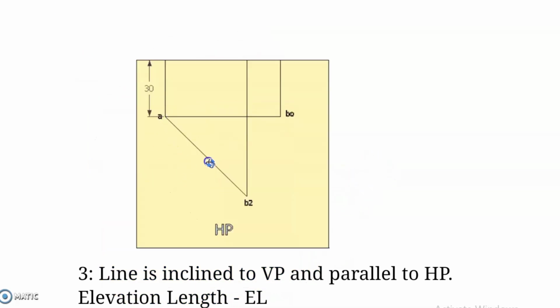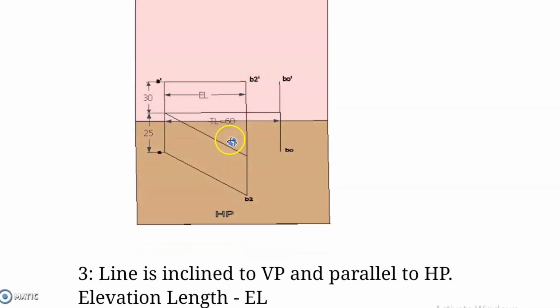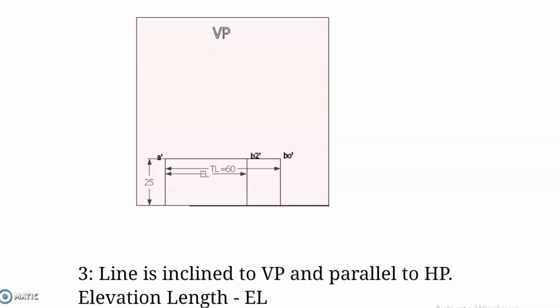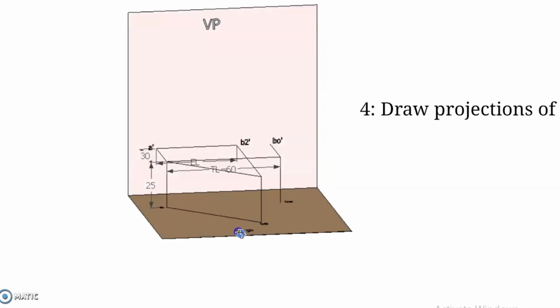The top view shows its true length ab2 of 60 millimeter. Then its projections are projected on the vertical plane, and we get its front view labeled a dash b2 dash. This a dash b2 dash indicates its elevation length, which is the apparent length when a line is inclined to VP and parallel to HP.